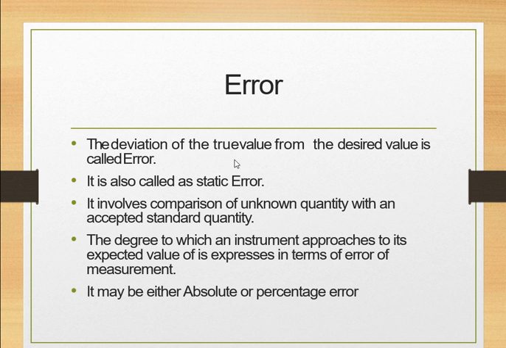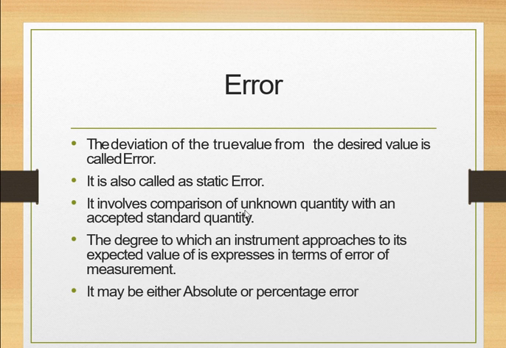If the output deviates from the true value, it is referred to as an error. Such an error is generally called a static error. There are many types of errors that we will see afterwards, but just see the basic definition in this lecture.